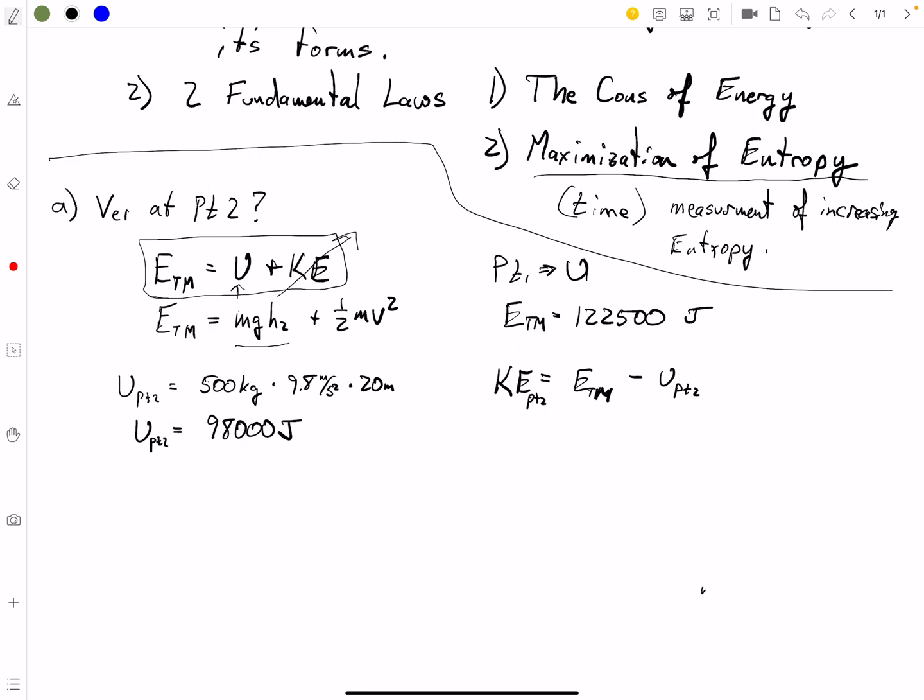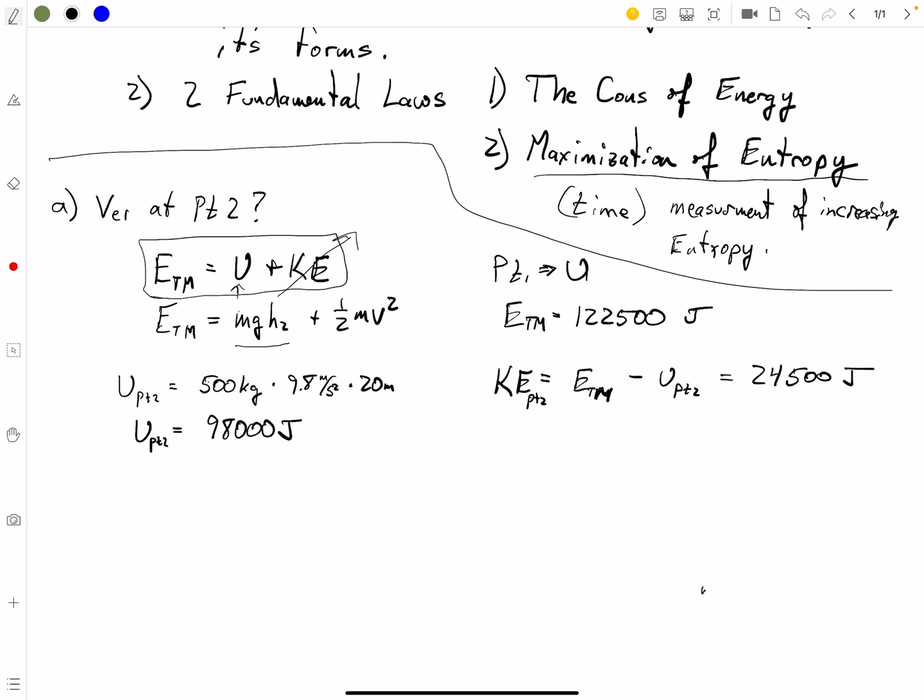That leaves us with 12250. We're gonna subtract that, so we've got 24,500 joules.